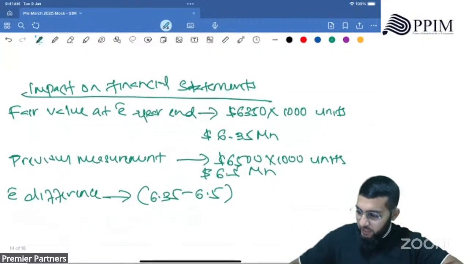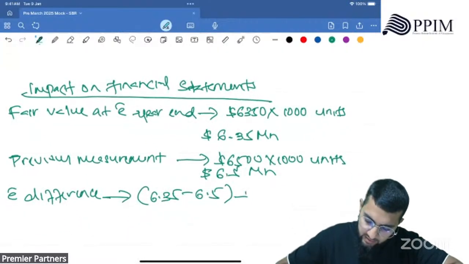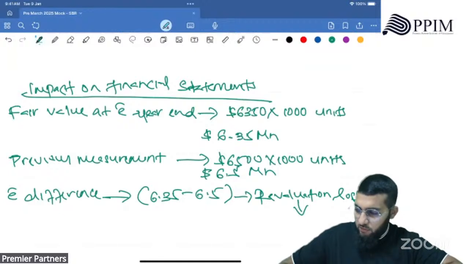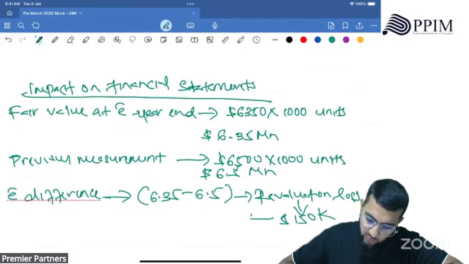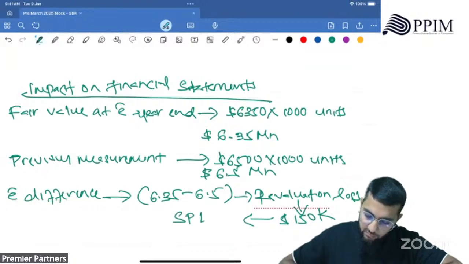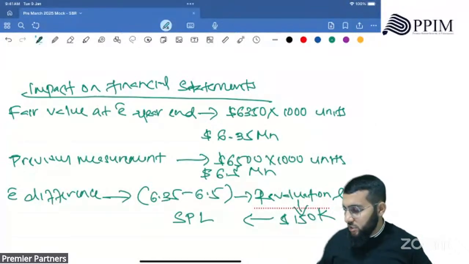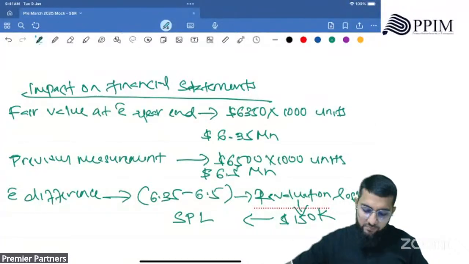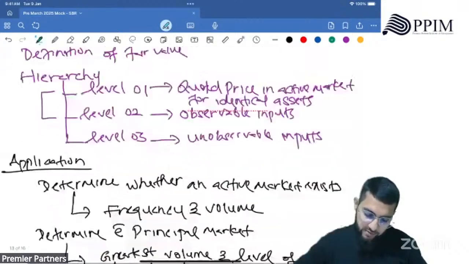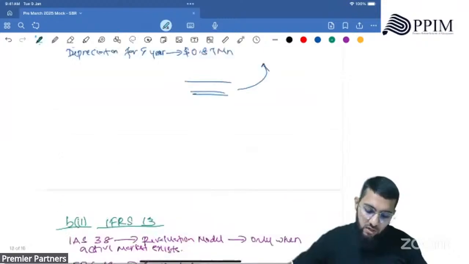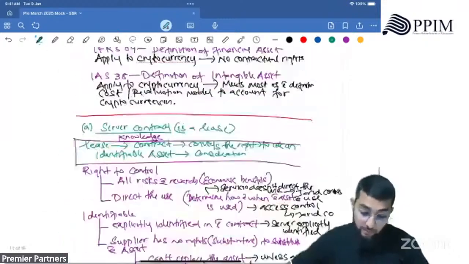You know that there is a revaluation loss of how much? 150,000. And this will be recognized in your statement of profit or loss. That is the impact on financial statements. So in that way, you should be able to answer this requirement as well. Clear?